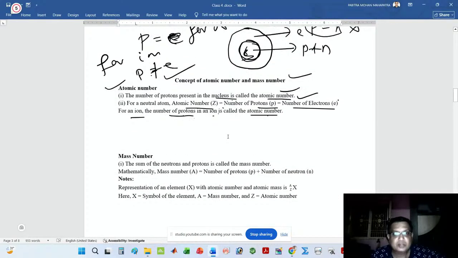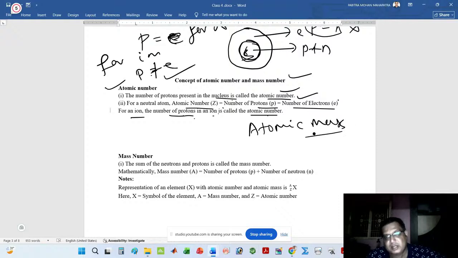Similarly, if you think about mass number, you already know atomic mass, which I have already discussed. Now a new term is given, that is mass number. Do not think that mass number and atomic number are the same.